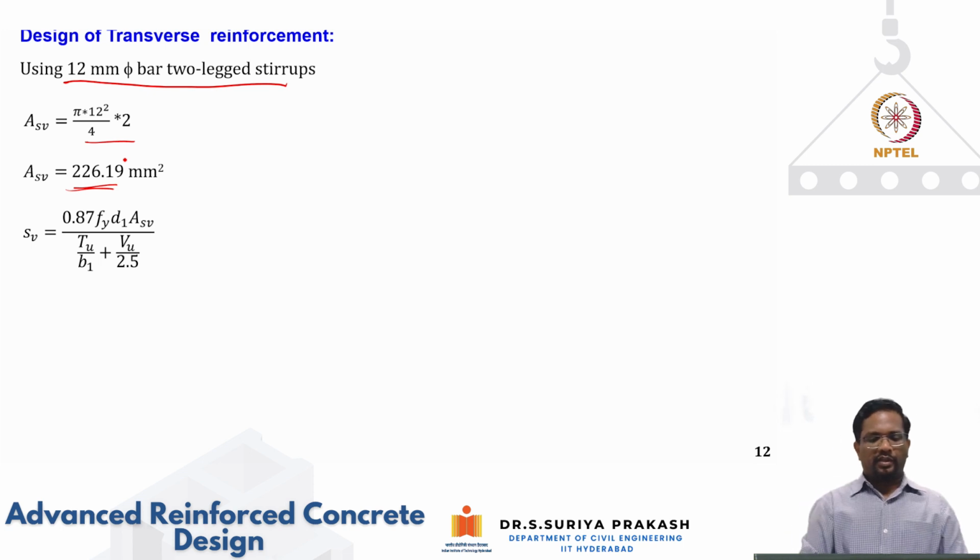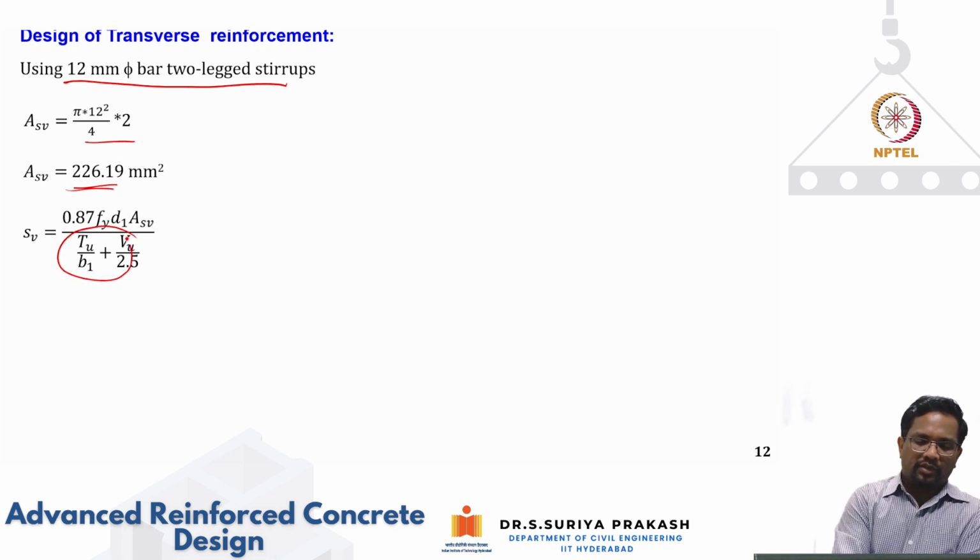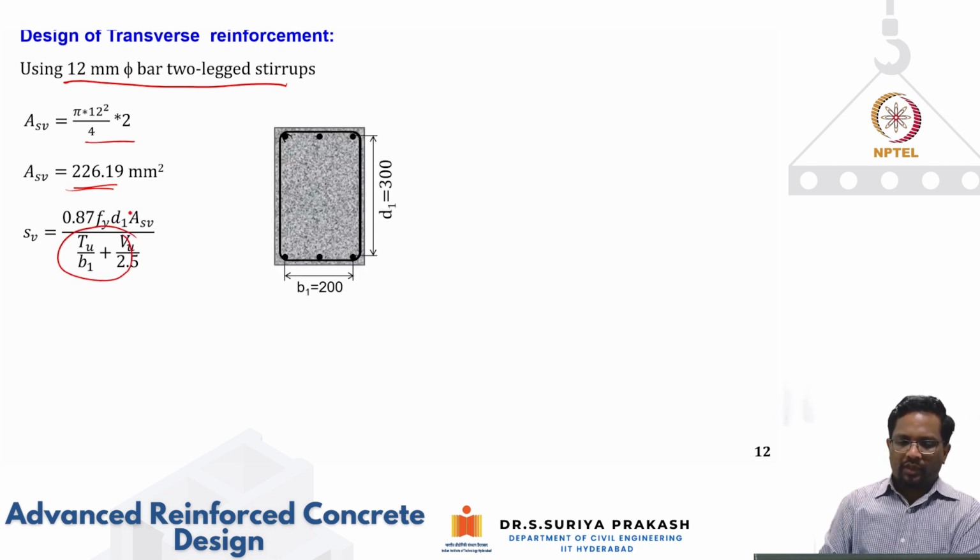And then the spacing requirement, we know that it is 0.87 fy times d1 into Asv by this shear demand. So if you substitute that, b1 is the center to center distance of the longitudinal bars. So that works out to 50-50. We have said effective cover for the longitudinal bar.